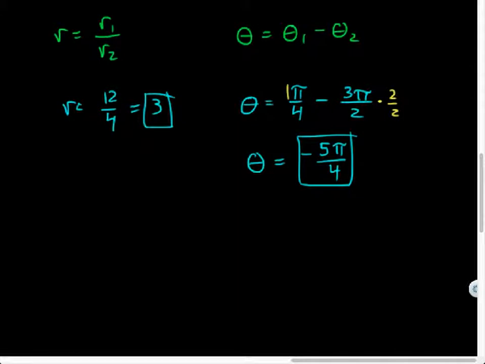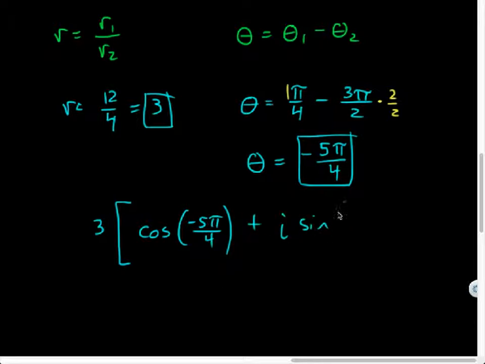So let's write this in the new form. So this is going to now be 3 times the cosine of negative 5 pi over 4 plus I times the sine of negative 5 pi over 4.